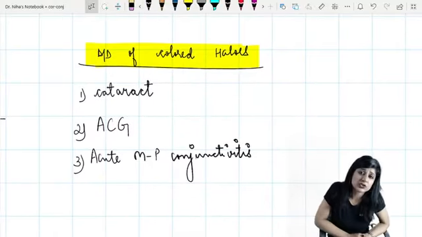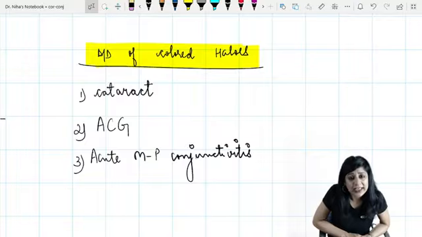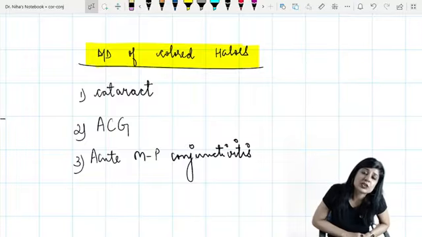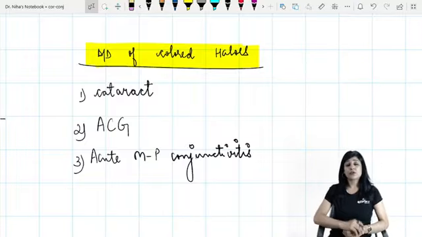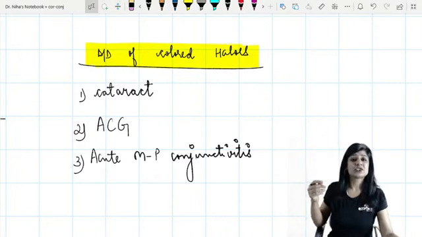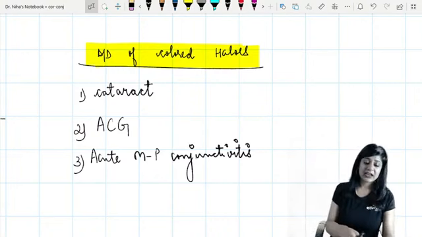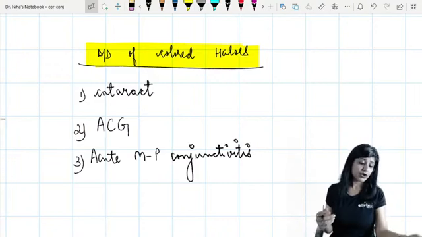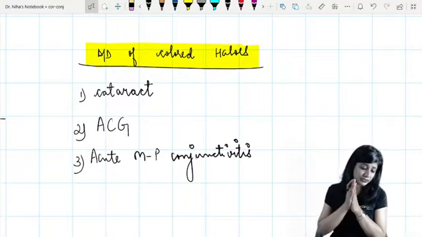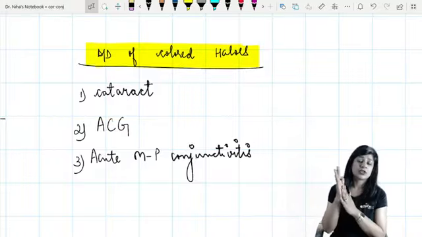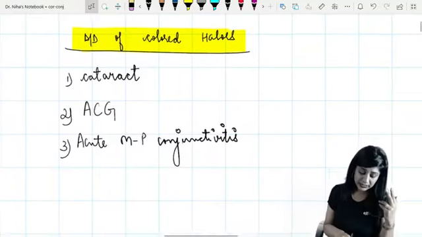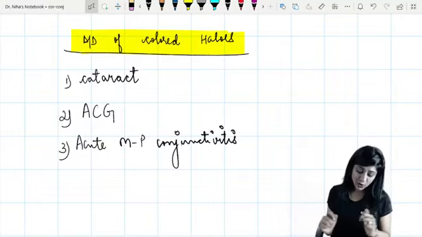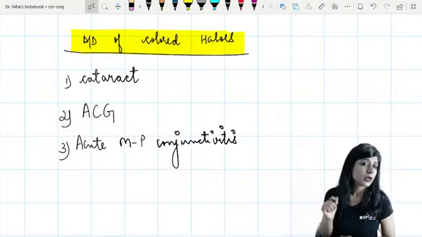You can ask the patient about the history of colored halos. You can ask the patient whether he was able to open the eyes, yellowish discharge, right? We can have some kind of discomfort. Also, stye is not a cause of the colored halos, guys. Okay, stye is not the cause. We have got the cataract, we have acute congestive glaucoma, and we have acute mucopurulent conjunctivitis.